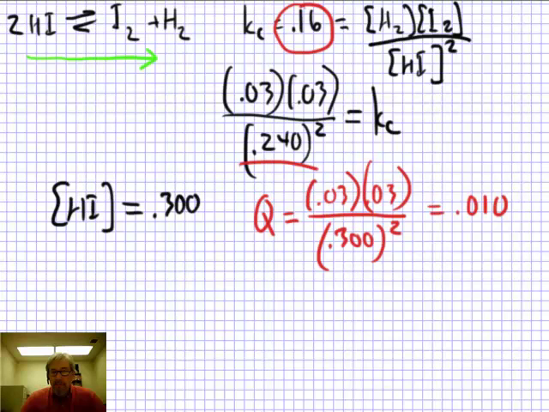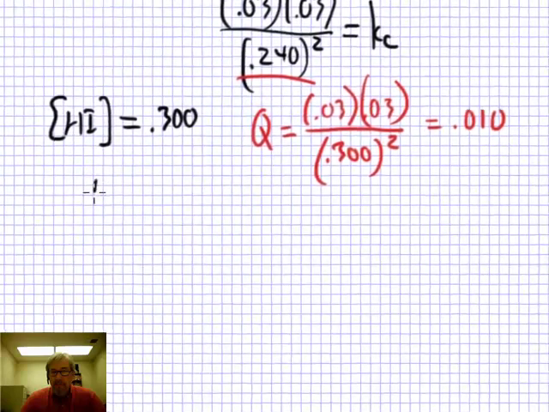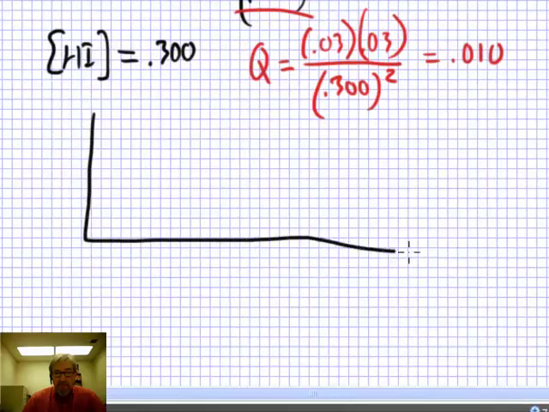In terms of a chart, here's time versus concentrations. Starting from whatever value, the HI concentration dropped down to its equilibrium value of 0.240. Starting perhaps from 0, the concentrations of H2 and I2 rose until they were at 0.03.